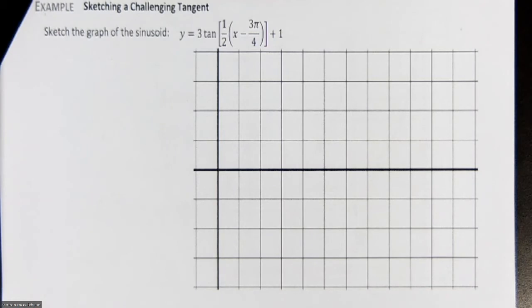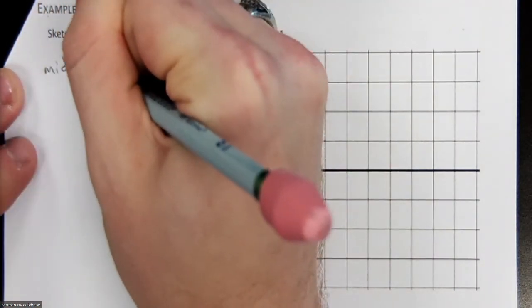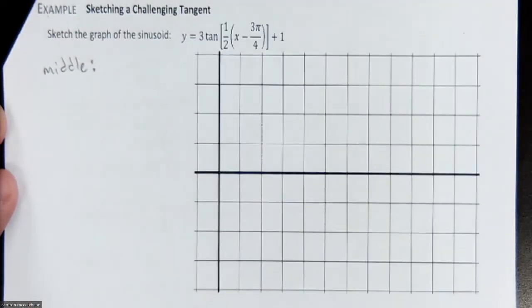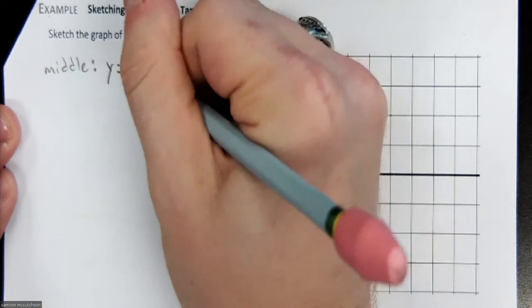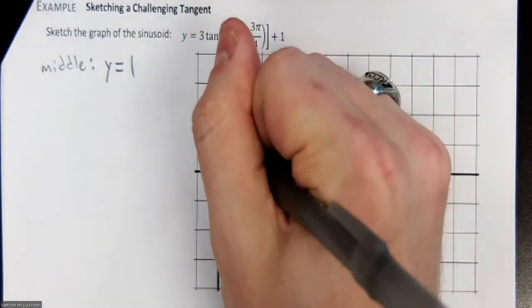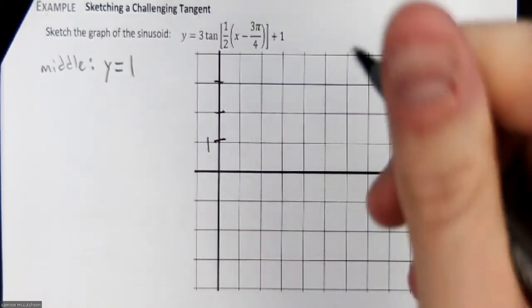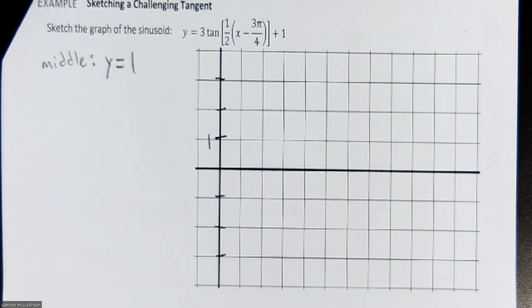Tangent and cotangent technically don't have something called a midline, so I'm just going to call it the middle, but it still follows the same idea. Its middle horizontal line will be y equals 1. And since tangents don't have amplitude, I already know that my y-axis can go by 1s. To be honest with you, the other ones don't even need values on them because only one matters.